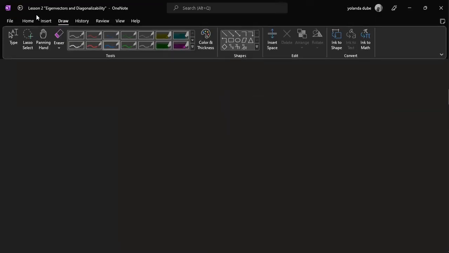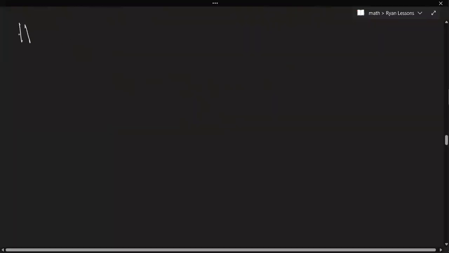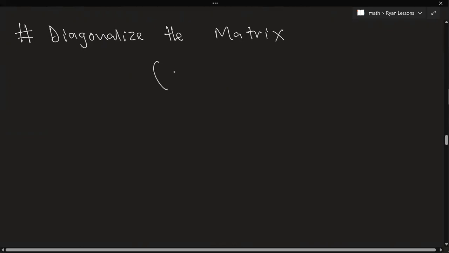So suppose the problem says: diagonalize the matrix with rows minus 2, 2, 3; minus 2, 3, 2; and minus 4, 2, 5.